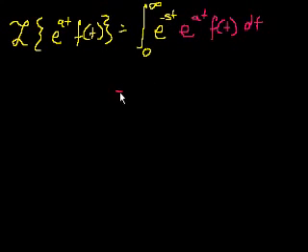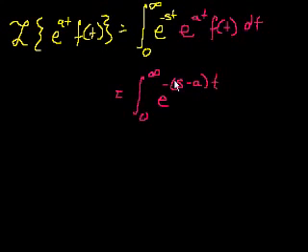So this is equal to the integral from 0 to infinity. I could write it as minus s plus a, but I'm going to write it as minus s minus a, t. And you can expand this out, right? It becomes minus s plus a, which is exactly what we have here, times f of t dt.